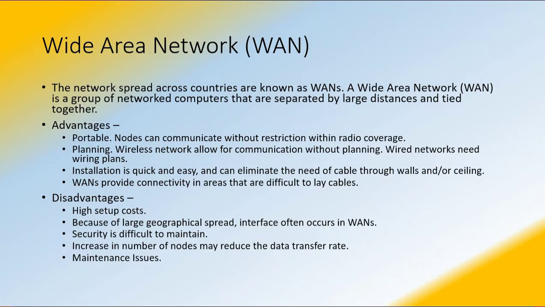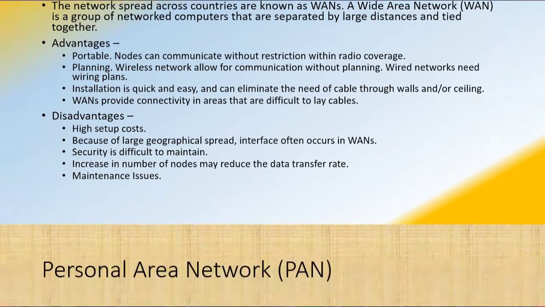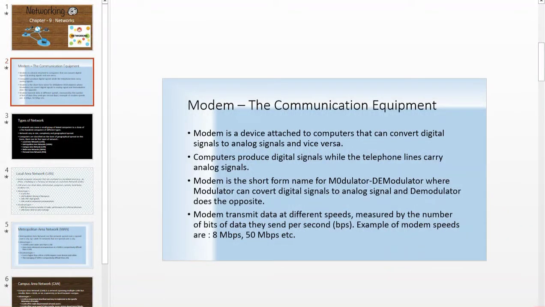The advantage of the WAN is that it is portable, meaning nodes can communicate without restriction within radio coverage. If they are within the limit of the radio coverage, connected with radio frequency, the systems attached can be part of it.